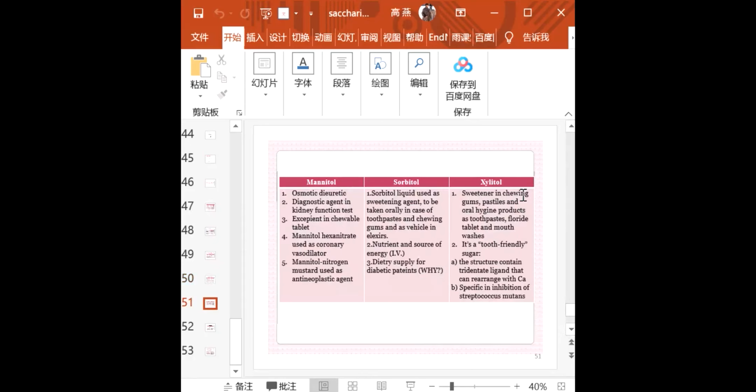And we all like xylitol because it's the sweetener in chewing gums, pacifiers, and oral hygiene products such as toothpaste, fluoride tablets, and mouthwash. It's known as a tooth-friendly sugar. So it tastes sweet, but doesn't harm your teeth.